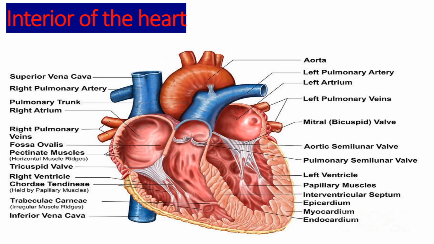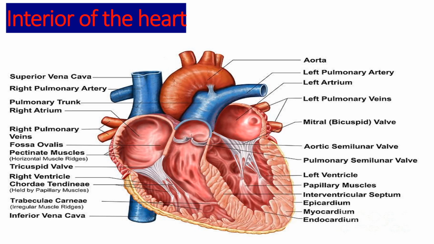The right atrium and right ventricle are separated by the right atrioventricular valve, also known as the tricuspid valve, whereas the left atrium and left ventricle are guarded by another valve, the left atrioventricular valve, also known as the mitral valve.